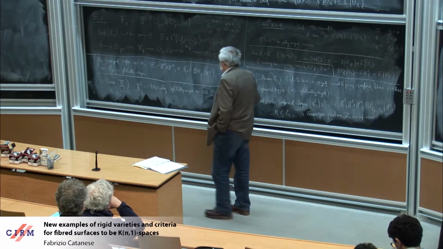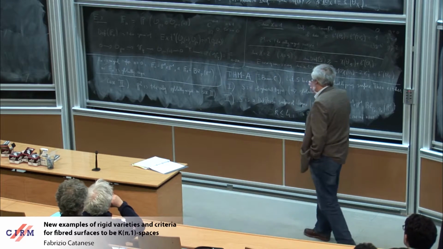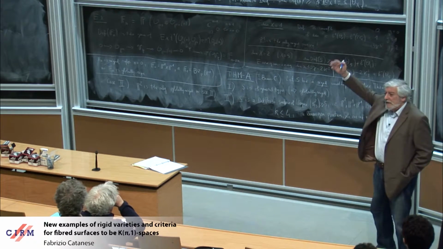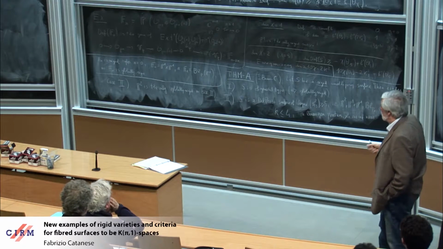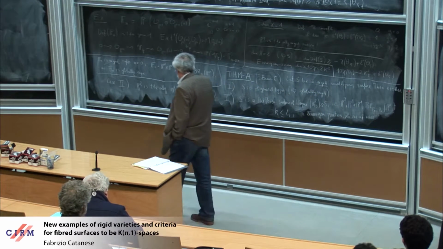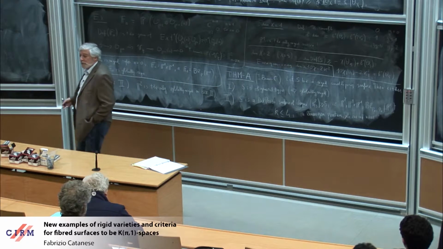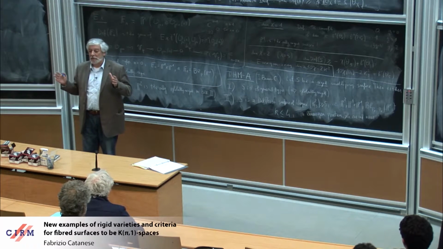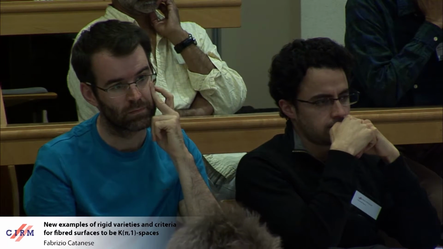So you see, the reason why I also speak about dimension 2 is that in higher dimension there has been a lot of work, especially Mok and Siu and others and Huang, concerning the question of global rigidity of locally rigid manifolds. So let me explain.